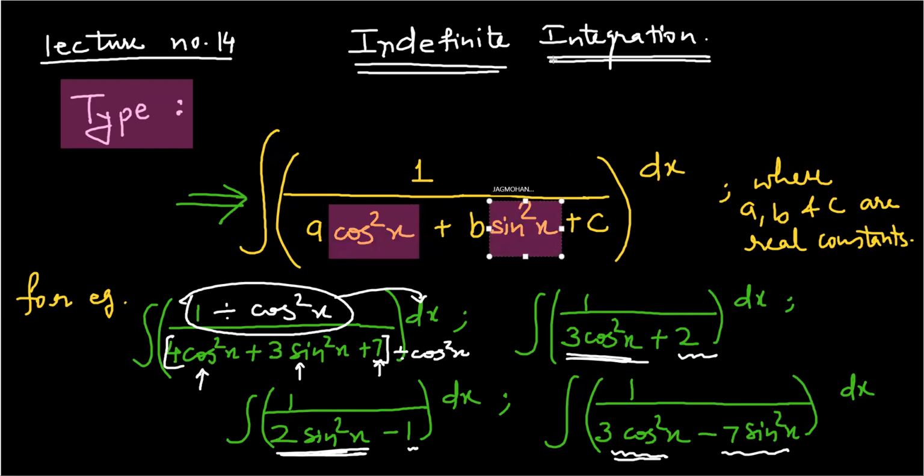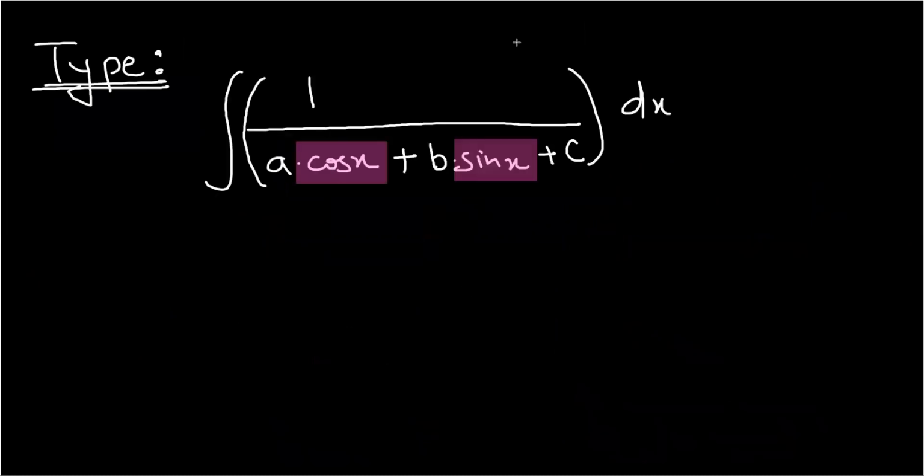So in totality, the difference between these two types is that here we have cos x, whereas in the earlier type we had cos square x. So here we have cos x only, not cos square.